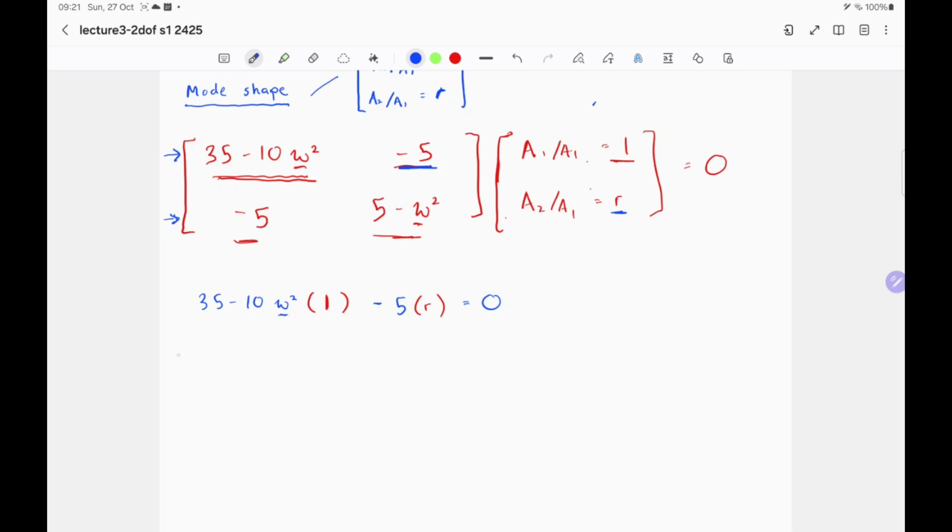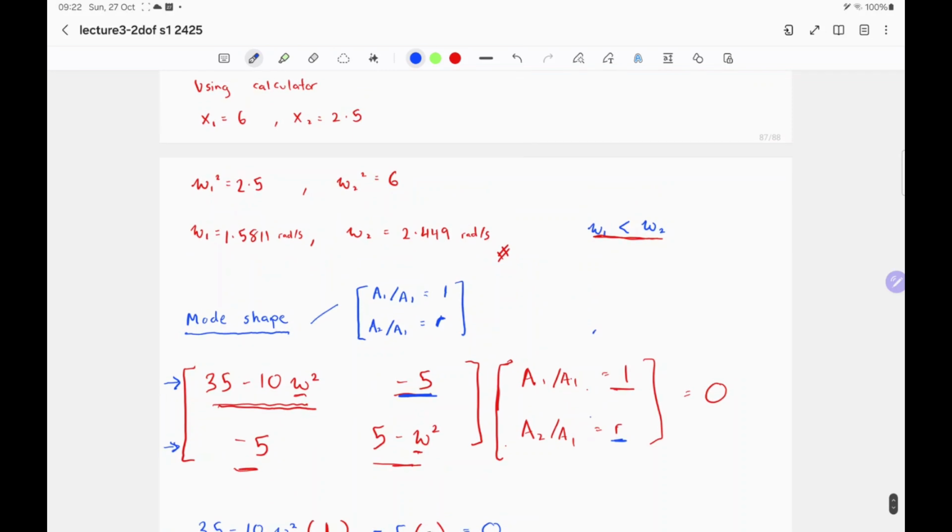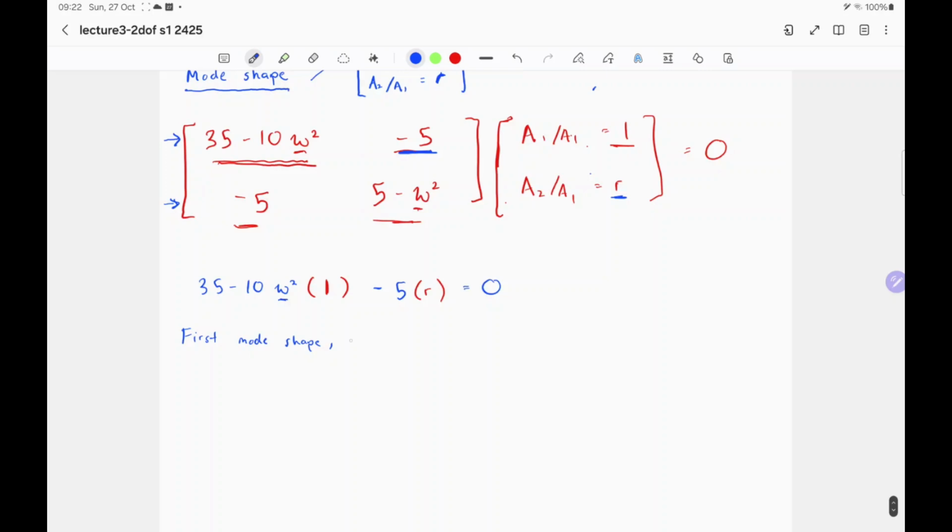If we want to find the first mode shape, we use omega 1 squared equals 2.5.